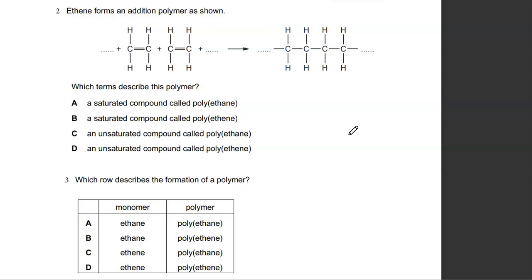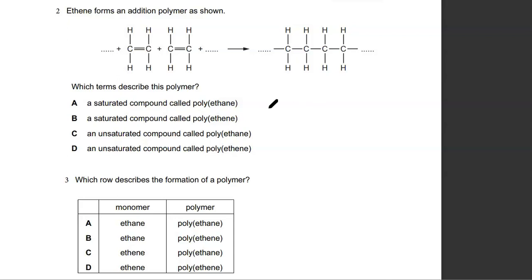Which one are you choosing? A saturated compound, polyethylene.